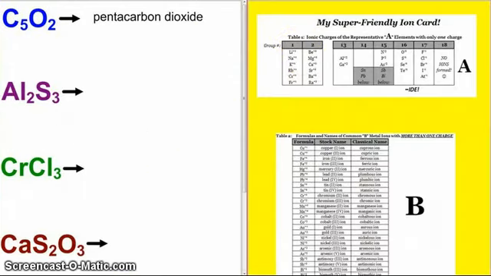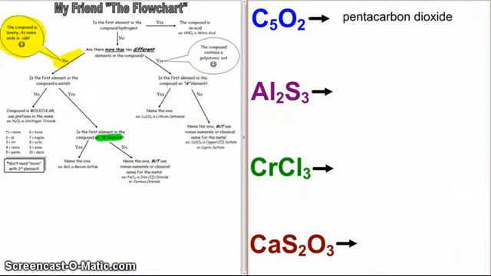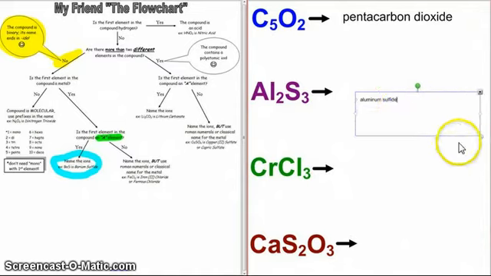And when I do that, lo and behold, here is aluminum right there in the A group. So it is an A element. So now it says just name the ions. So aluminum is the aluminum ion when it's positive, so that's aluminum. And then sulfur becomes sulfide. So this is just aluminum sulfide.